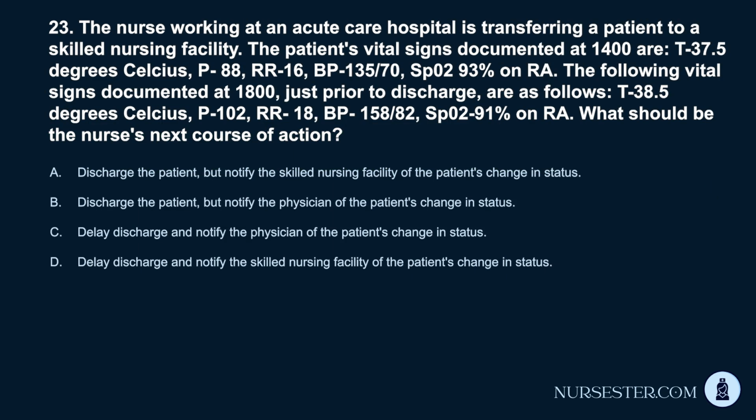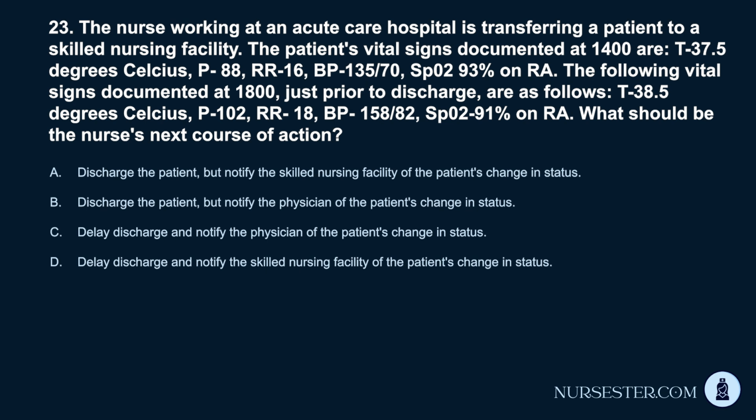23. The nurse working at an acute care hospital is transferring a patient to a skilled nursing facility. The patient's vital signs documented at 1400 are: T 37.5 degrees Celsius, P 88, RR 16, BP 135/70, SpO2 93% on RA.